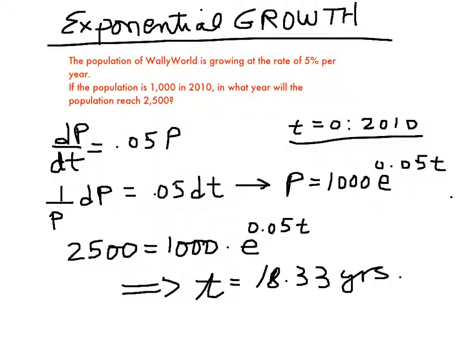And so to answer the question, it would be in the year 2028.33. So we add 18 to 2010. And that's a solution of an exponential growth type problem.